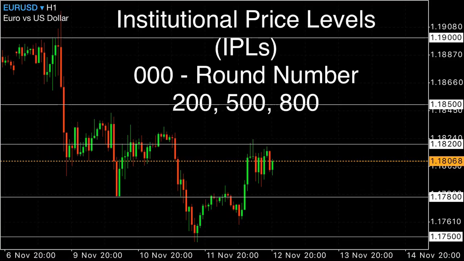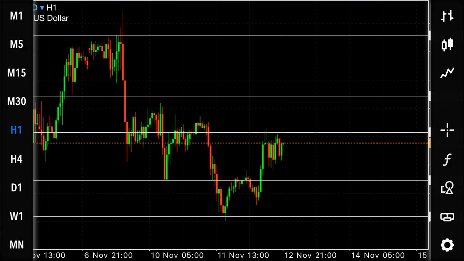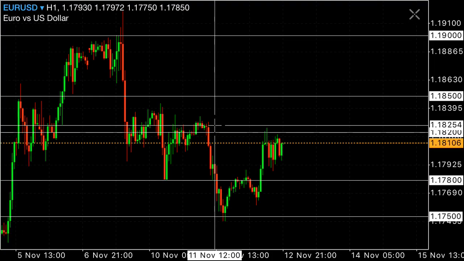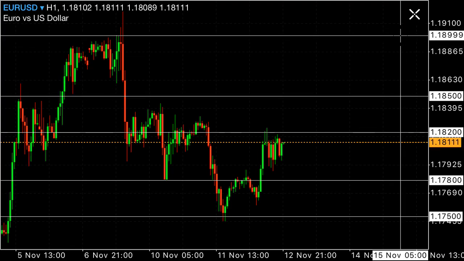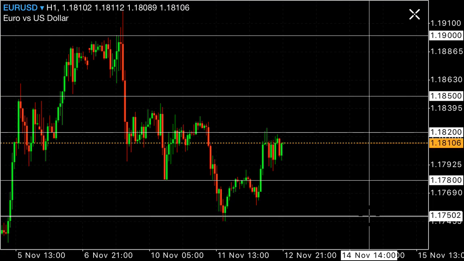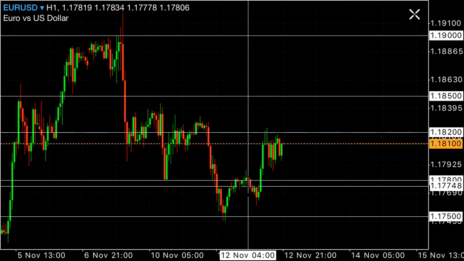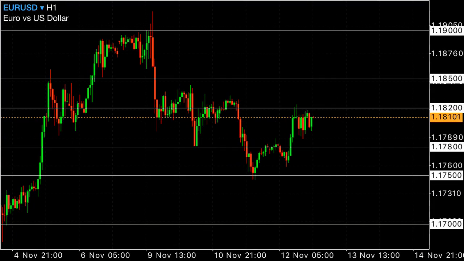So let's go to the charts and I'll show you what I mean. Here we are on EUR/USD. I'll literally put some levels on. As you can see over here we have 200, 500, and the round number, which is three zeros at the end. Down here we've got a 500, and I'm just going to scroll back so you can see how price reacts to that area.